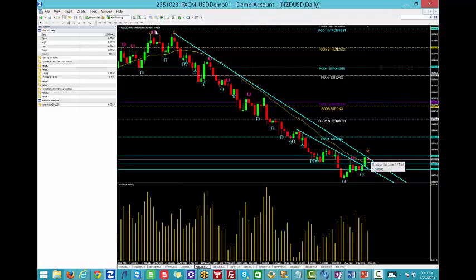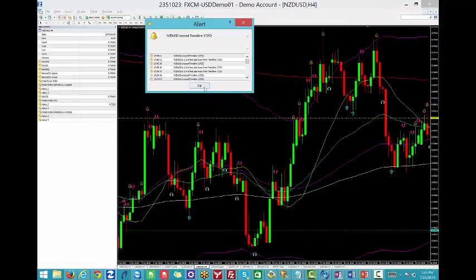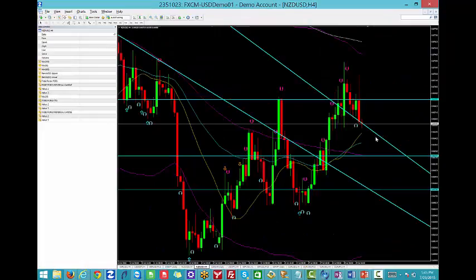But when we get down to lower time frames, we see that price is above that daily trend line supporting price. So we're going to wait for price action to continue to confirm itself. But we have 0.6755 just in case it does bounce off that and move to the upside. We have a very safe and conservative 0.6755 entry for a sell on the New Zealand dollar.